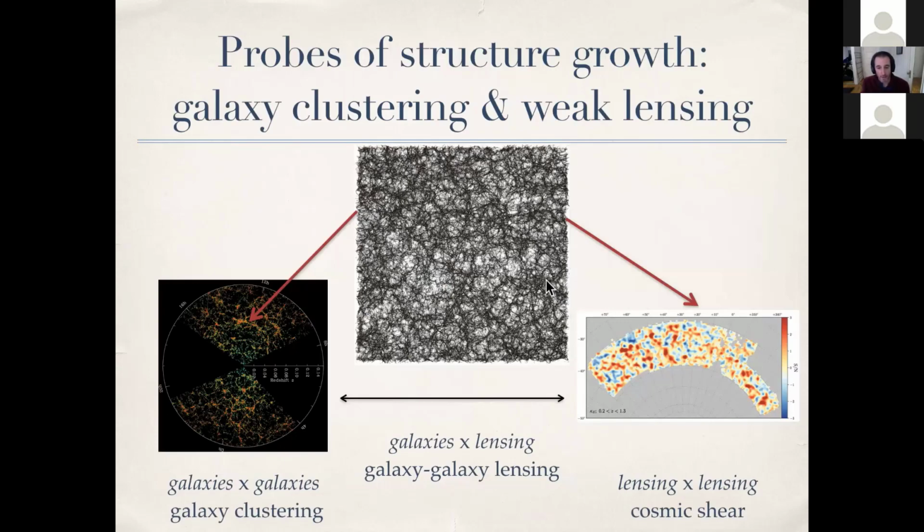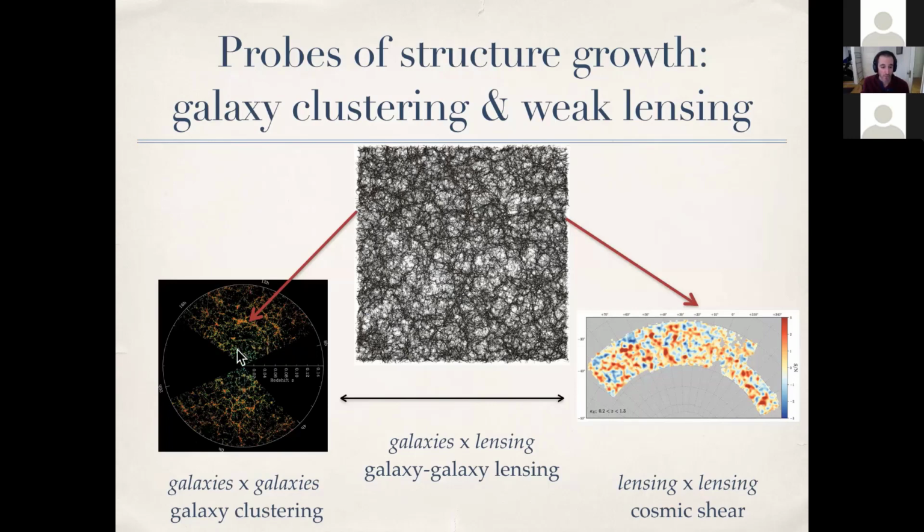Okay, so the thing that we're going to care about in this talk is not just the galaxy positions and the galaxy ellipticities on their own, but also the cross correlation between those things. And in particular, I'm going to be talking a lot today about an analysis called a 3 times 2 point analysis. So this type of analysis is a combination of 3 different correlation functions or power spectra.